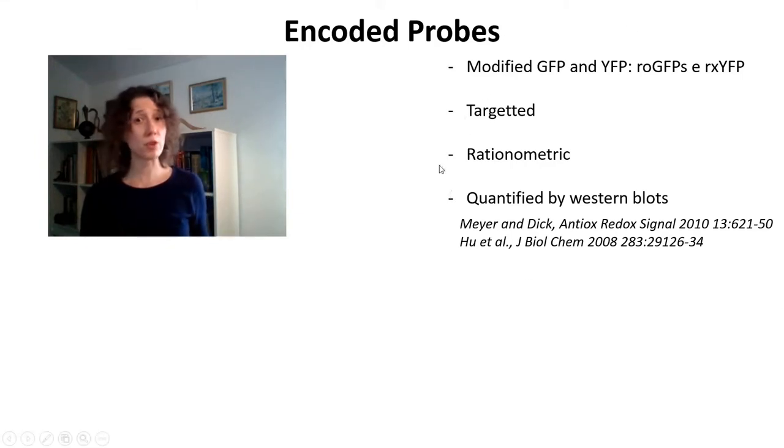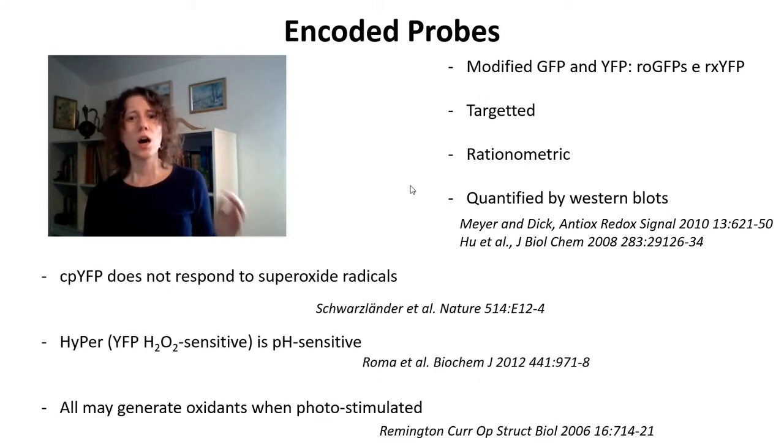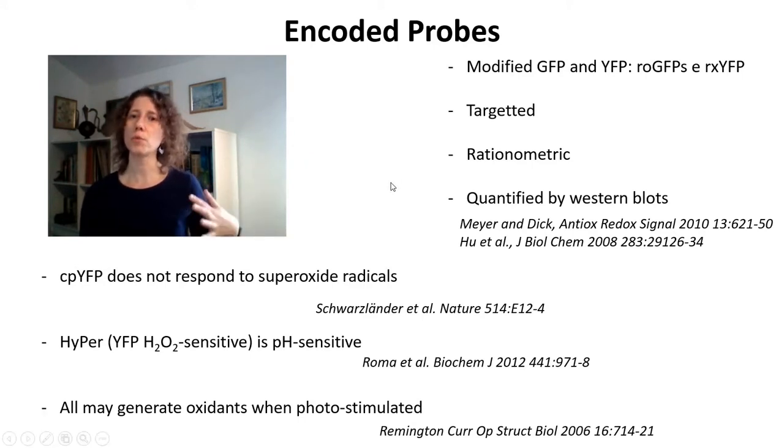Many of these probes are very interesting, but there are a few problems with them too. Remember that just because somebody said that they developed a probe to measure oxidant X doesn't mean that they really do measure oxidant X. For example, CPYFP was shown by some authors not to respond to superoxide radicals, while other authors believe that they are a superoxide radical probe.